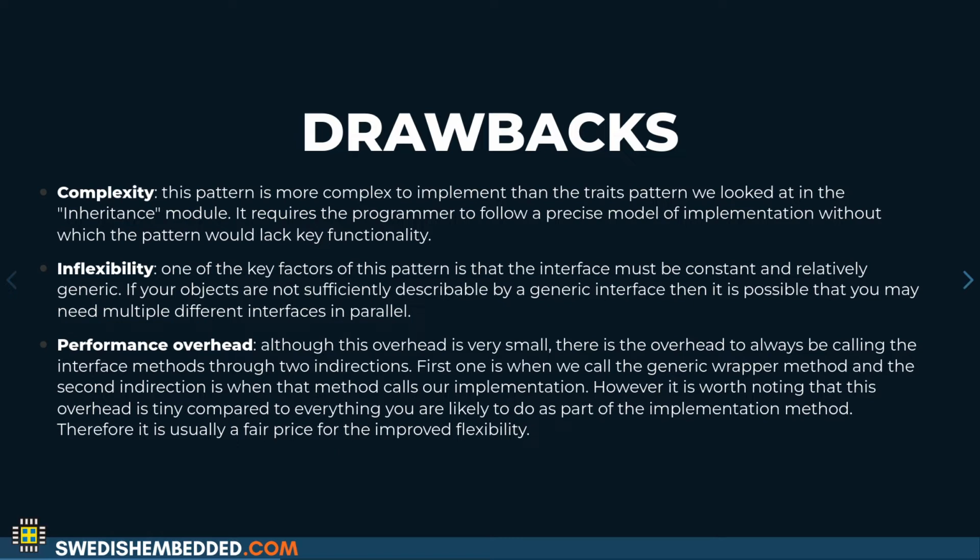We might also get into inflexibility, because we're trying here to implement a generic interface. This is one of the requirements for the pattern, because we don't want to have a lot of implementation specific information in the interface. In fact, we don't want any of that information at all. So we're trying to come up with a generic interface that works for all types of implementations. But sometimes this can be hard, because maybe you have some very implementation specific functionality that still needs specific support from the implementation.